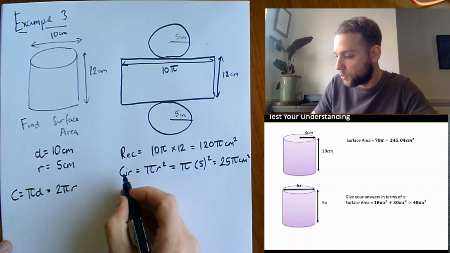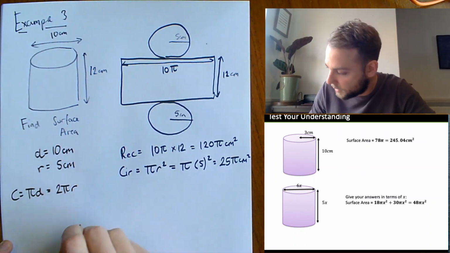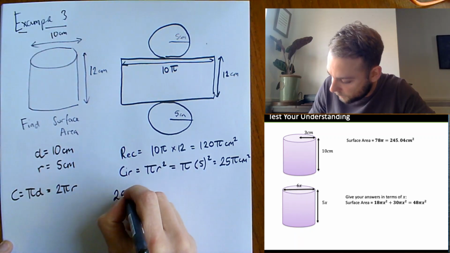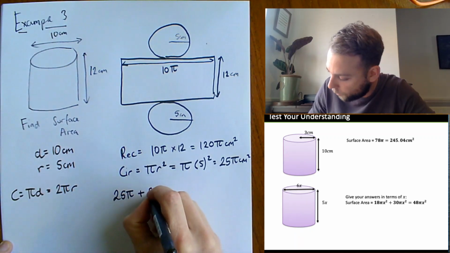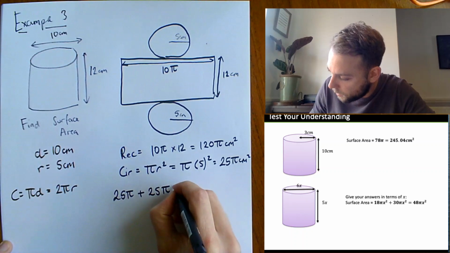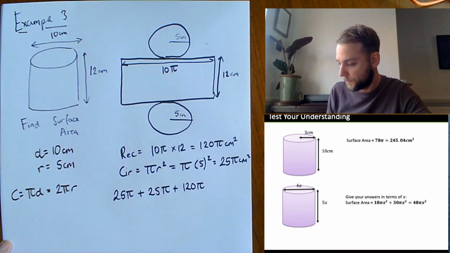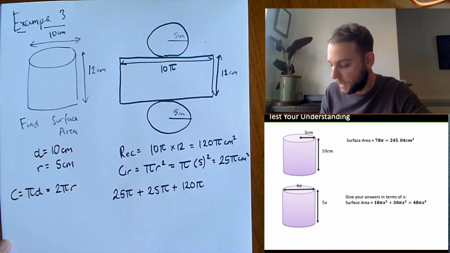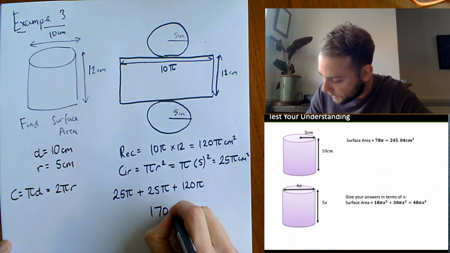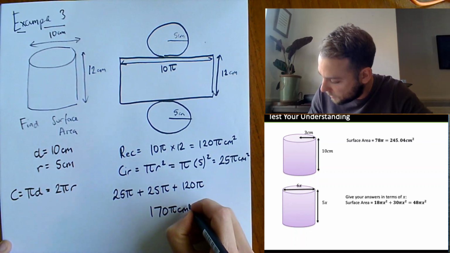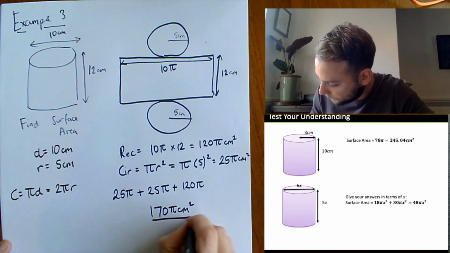With this one here, we've got two circles on the rectangle, so it's 25 pi plus 25 pi plus 120 pi. So 50 plus 120 pi is equal to 170 pi centimetres squared.